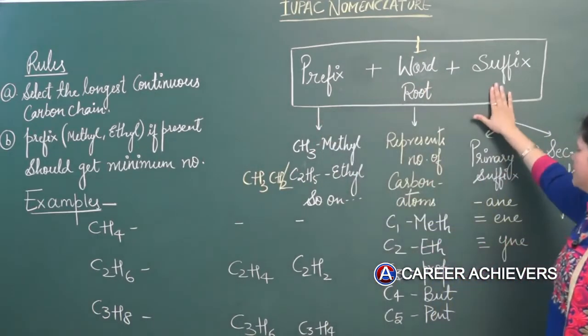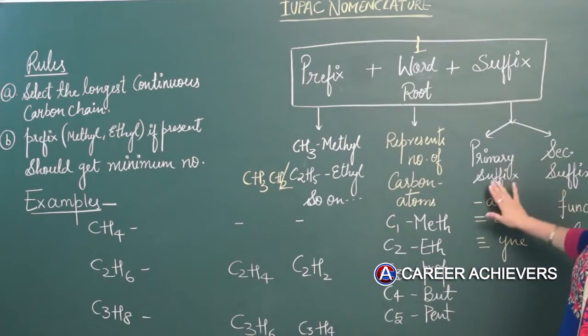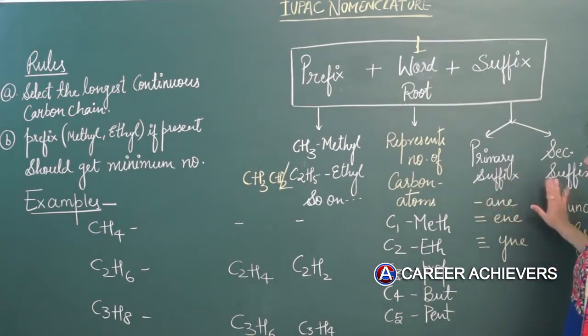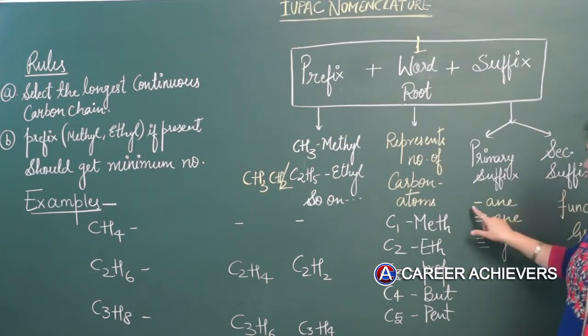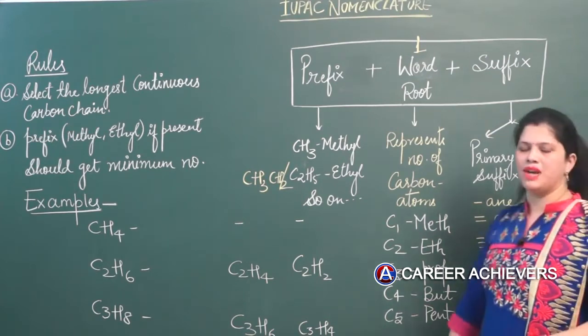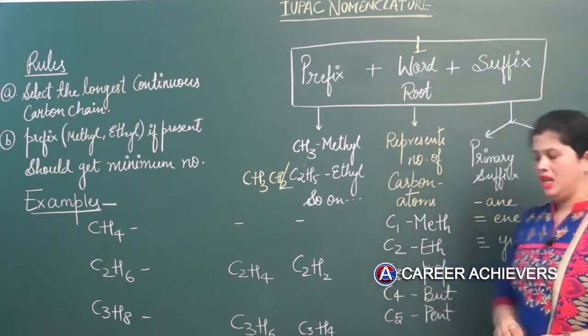Now moving to the suffix part, suffix can be divided into two types, primary suffix and secondary suffix. Primary suffix denotes the bonding. If your molecule has a single bond, it is called ane. If it has a double bond, it is called ene. If there is a triple bond, you will write the primary suffix as ine.